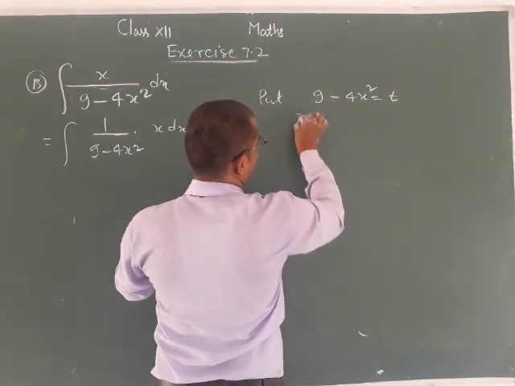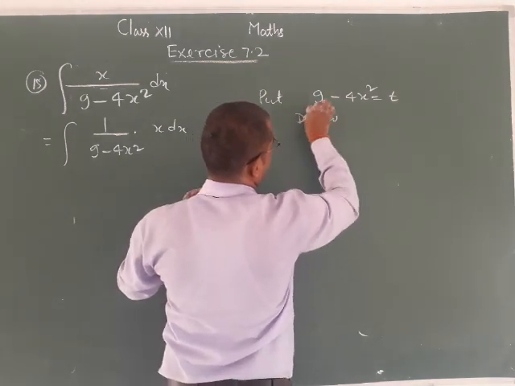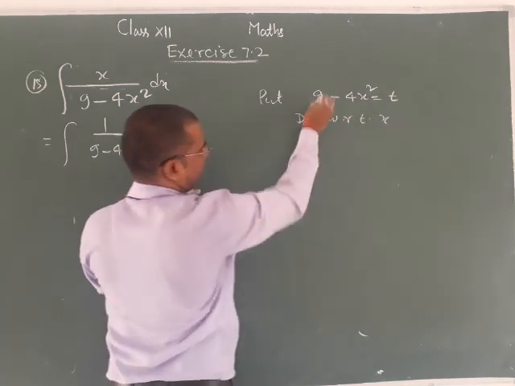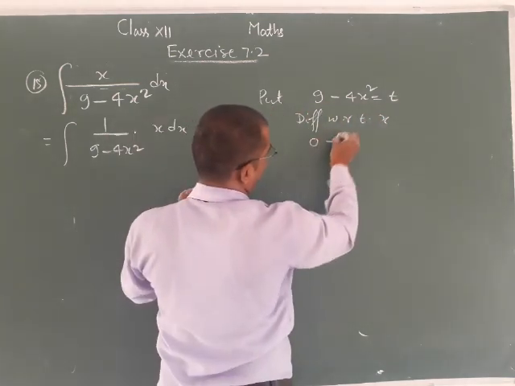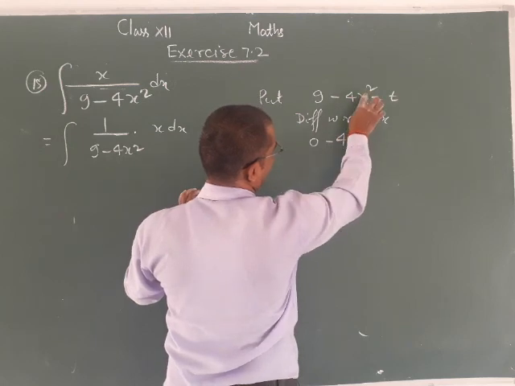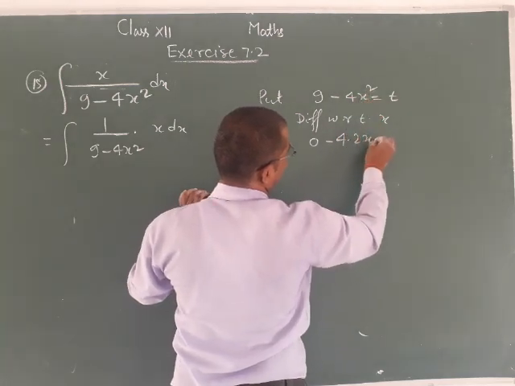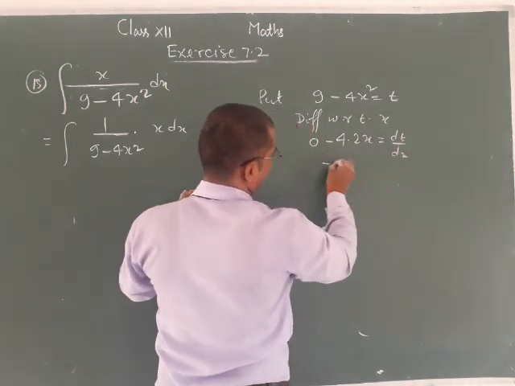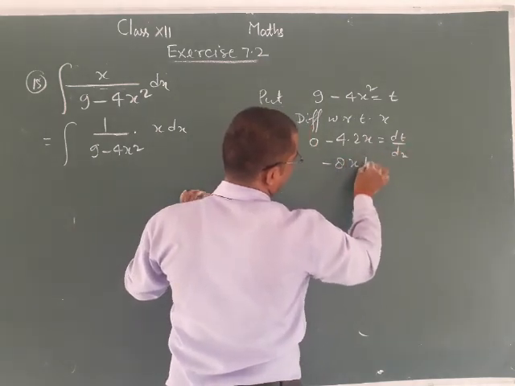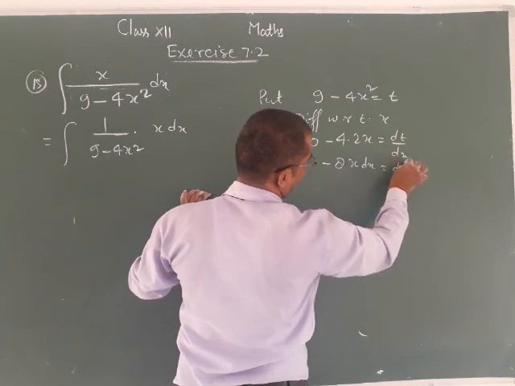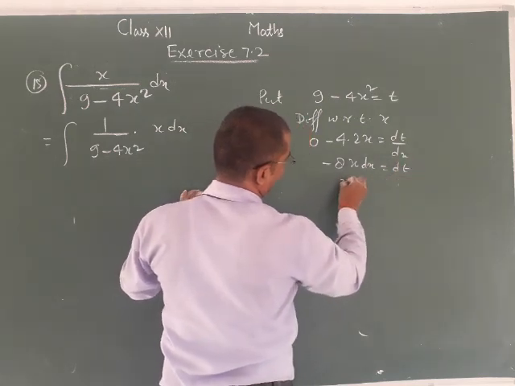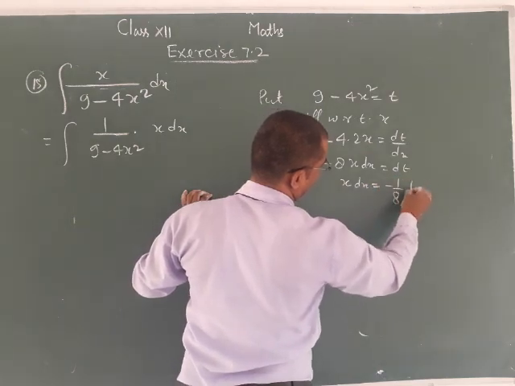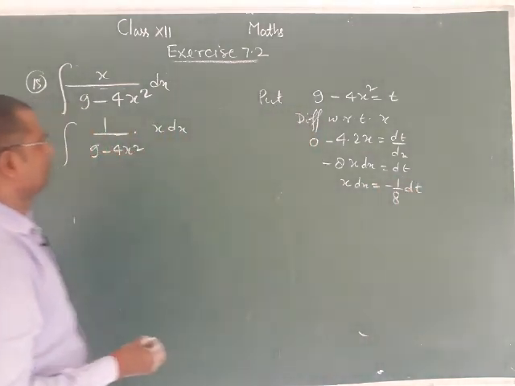Differentiate with respect to x. The derivative of 9 is 0, minus 4 times the derivative of x square, 2x, equal to dt upon dx. Also minus 8x dx is equal to dt. So x dx is equal to minus 1 upon 8 dt.